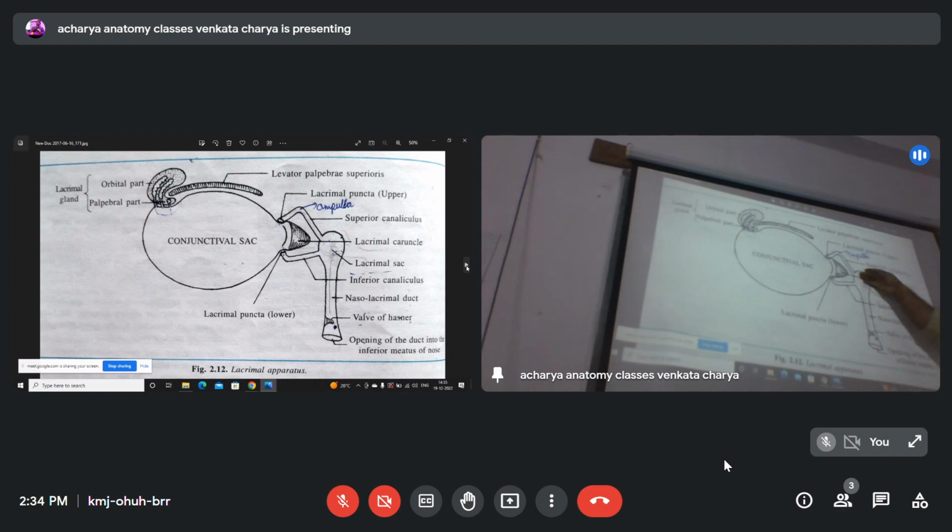Whenever the lacrimal sac is filled, they run downwards through the nasolacrimal duct.